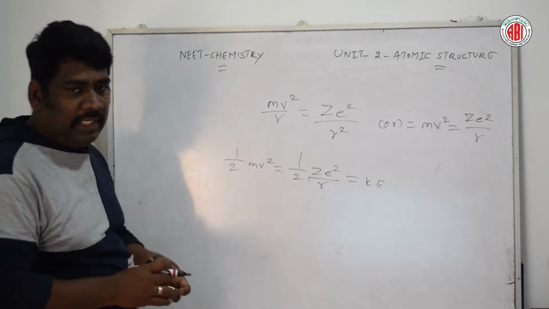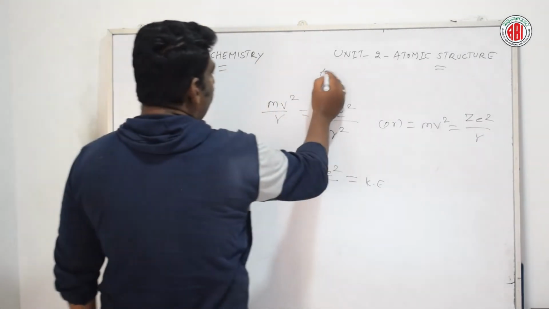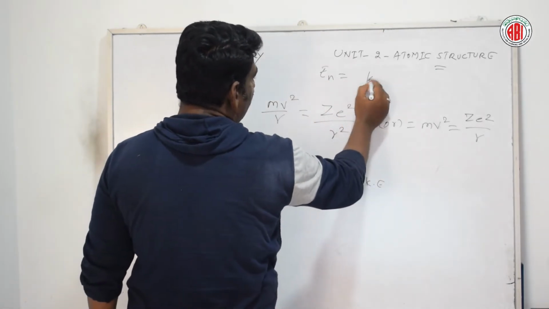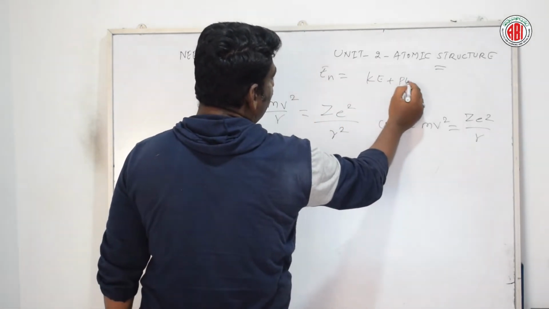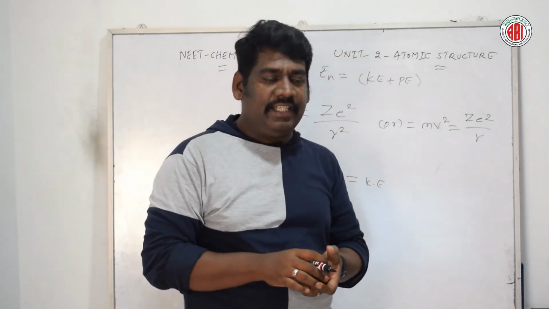Now the total energy, let us see. The total energy En is equal to kinetic energy plus potential energy, that is the total energy in the first excited state.